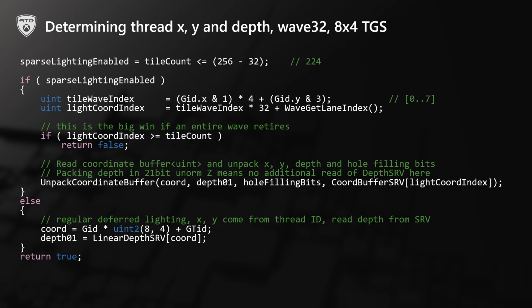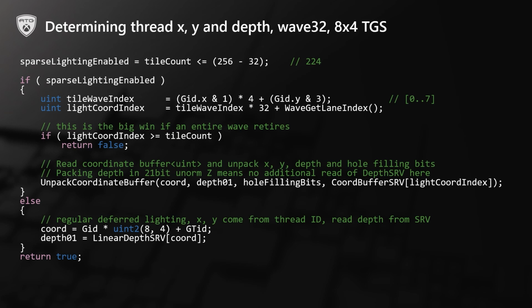So again, we are seeing whether we have less than or equal to 224 lighting calculations to go do with our wave 32s. So in the case where we are reading the buffer, then we have to work out for every thread what's the index into this buffer to go and read the coordinate X, Y, and depth and hole filling bits.